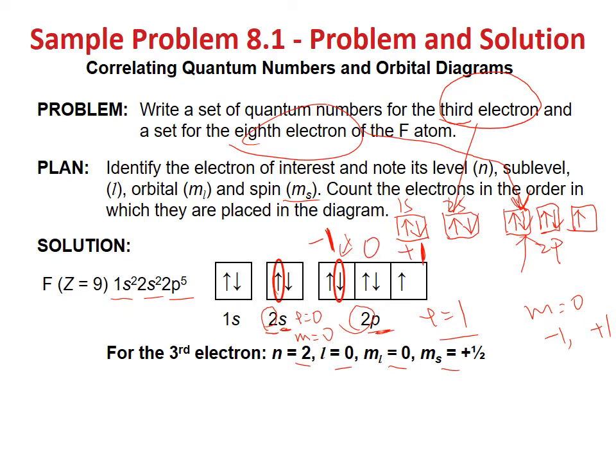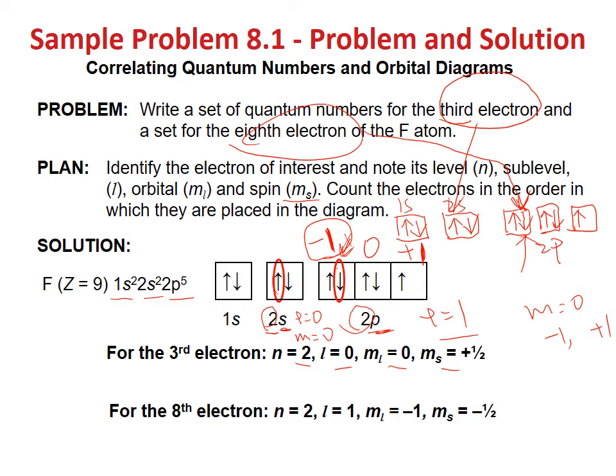Because this eighth electron is in the first orbital, m should be -1. And because its spin goes down, it's -half. So here are the four quantum numbers: n equals 2, l equals 1, m equals -1, and the spin quantum number is -half because it's spin down.